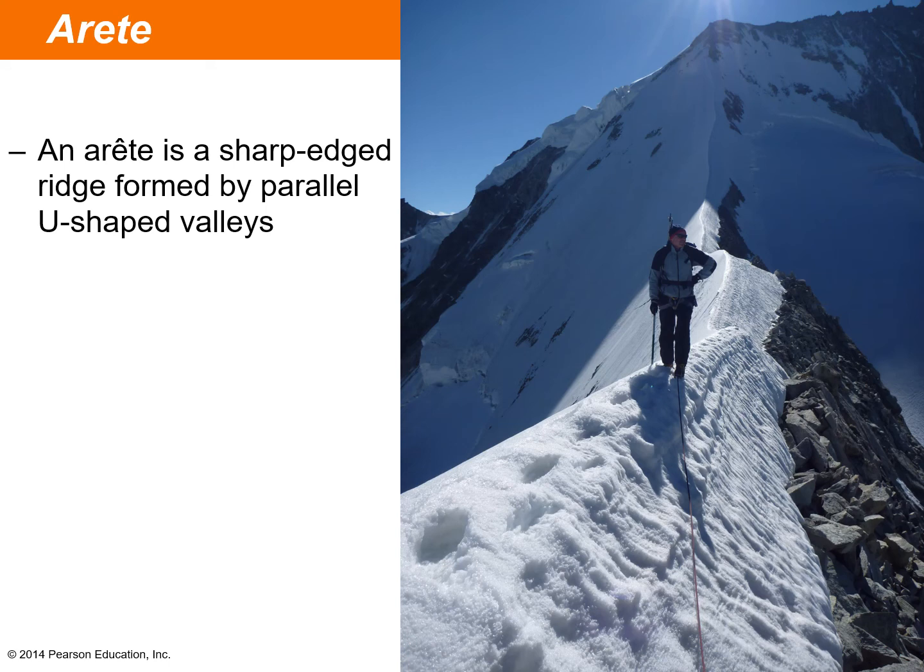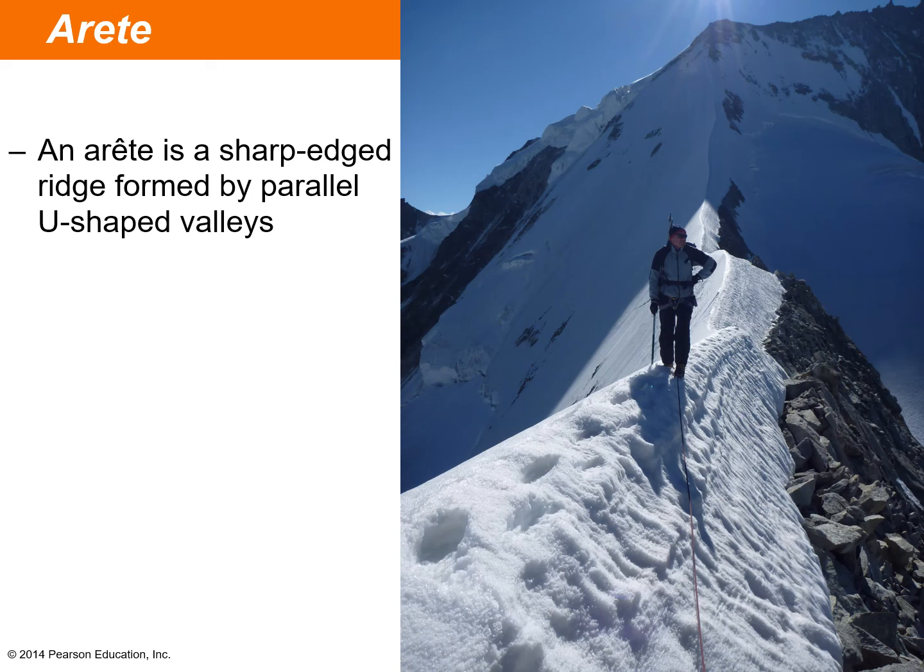So another landform commonly created by glacial erosion is something known as an arête. And an arête is basically just a sharp-edged ridge formed by parallel U-shaped valleys. So if you have a glacier moving down one valley and then another glacier moving down another valley adjacent to that valley, then the glacier will be carving out two U-shaped valleys, and what's left in between is a sharp-edged ridge.